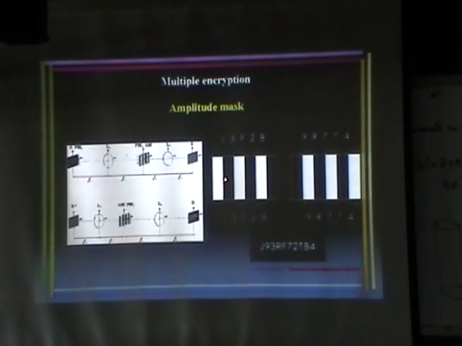So, for instance, you can use one amplitude mask and its complement to recover the fake and the true image, or if you use the plain aperture, you get the combination, which is difficult to guess, which is the two in all this output.